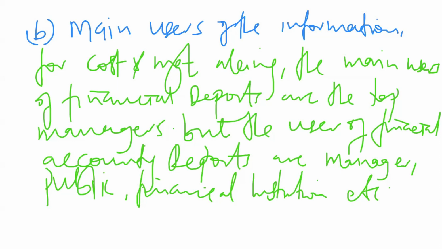The internal users focus on the management accounting reports, and the external users are for financial accounting reports. And mainly in Uganda, we have the URA, Uganda Revenue Authority, the auditors, the public, and other government agencies, because they are the ones that are more interested in looking at how the business is operating.